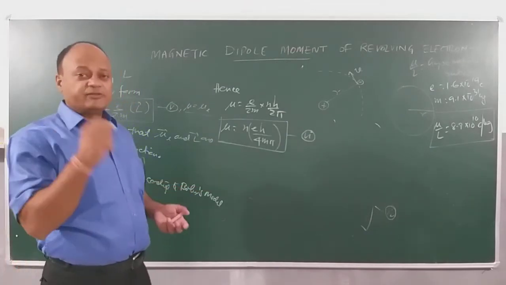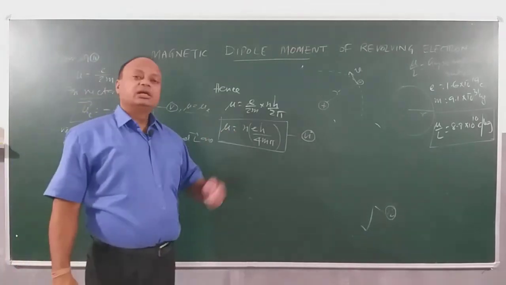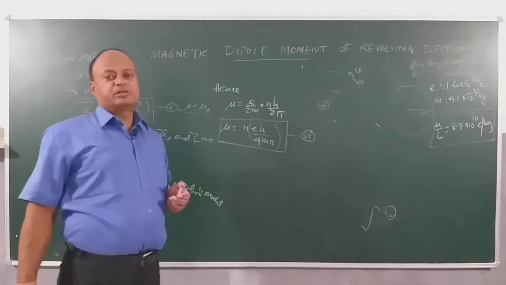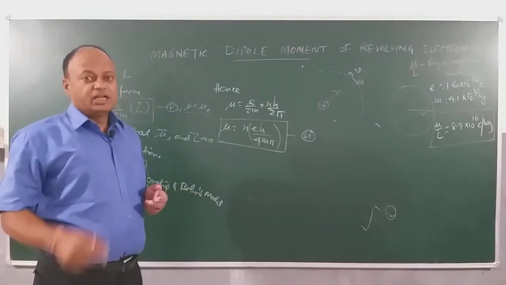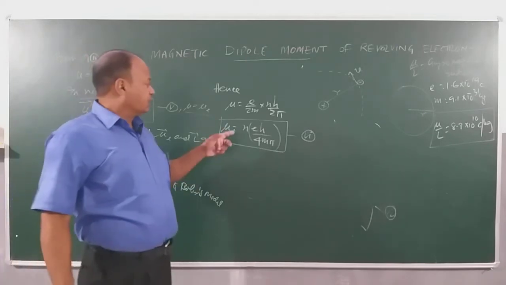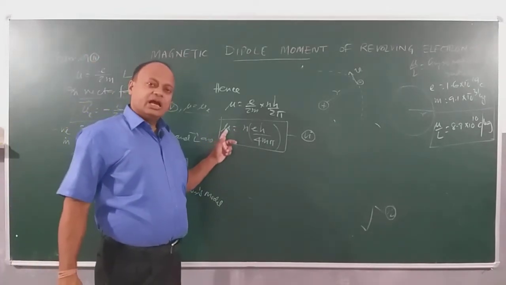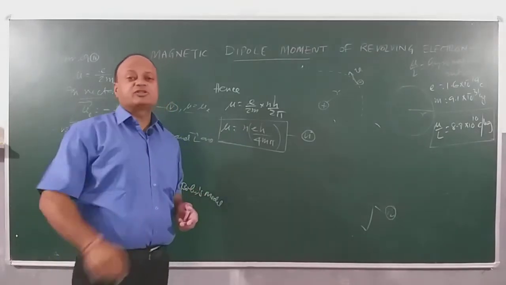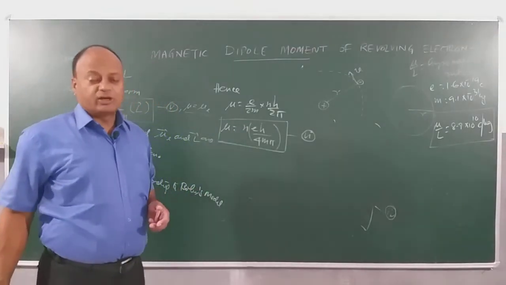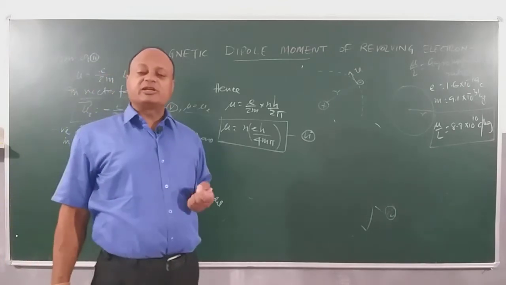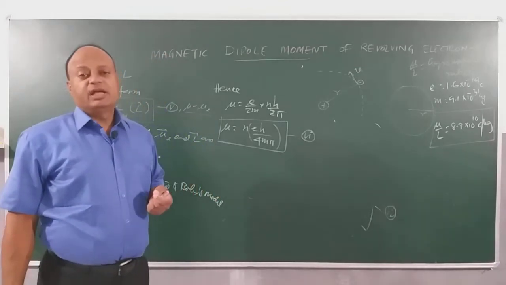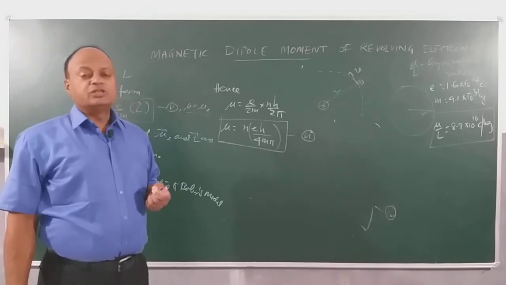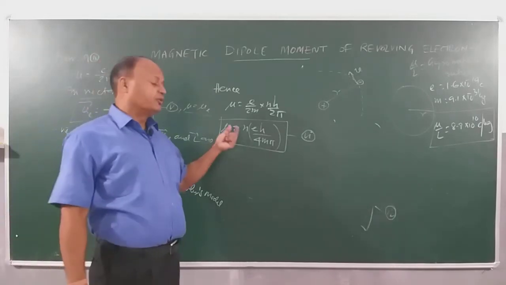That means each and every electron will have its own value of the angular dipole moment associated with it. Now the minimum value of angular dipole moment will come when n is equal to 1, and this minimum value is called Bohr's magneton. So if somebody asks what is Bohr's magneton, then the minimum value of angular dipole moment or magnetic dipole moment of an electron is known as Bohr's magneton.